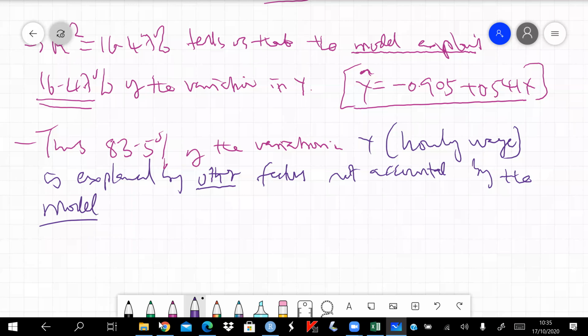Which is a very high percentage that is not explained by the model. So there are so many other factors which have not been captured in the model, which are explaining the variation in Y, or the hourly wage in our case.